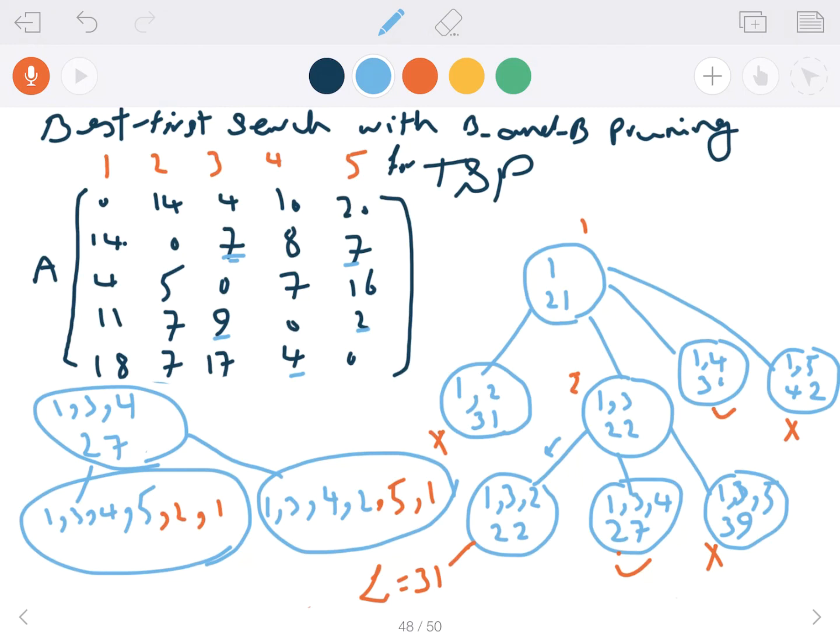If we sum up all the values here, for example, from 1 to 3 is equal to 4, from 3 to 4 it is equal to 7, from 4 to 5 it is equal to 2, from 5 to 2 is equal to 7, and from 2 to 1 this is equal to 14.